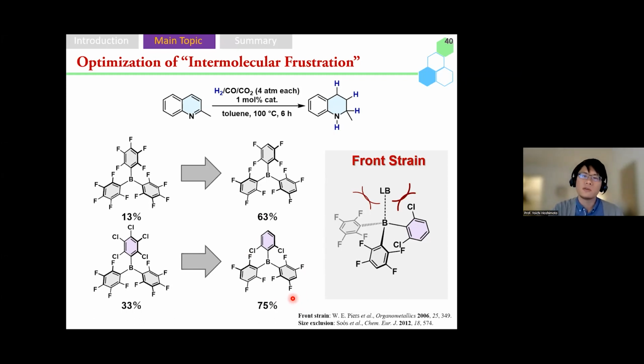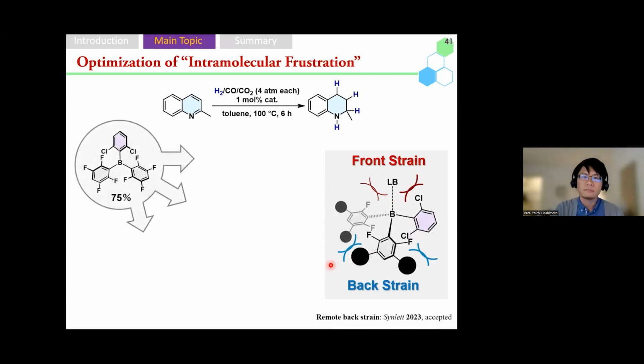But we could not improve the result any more based on the front strain strategy. Thus, we needed to develop a novel strategy. So we focused on the modulation of remote back strain, intramolecular repulsion within triarylboron. The structure of free triarylboron is always planar.